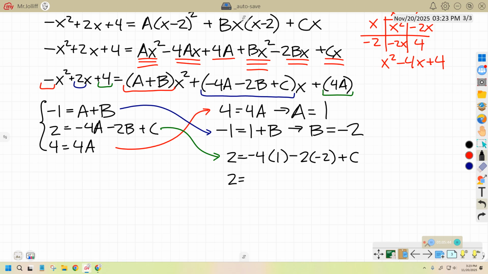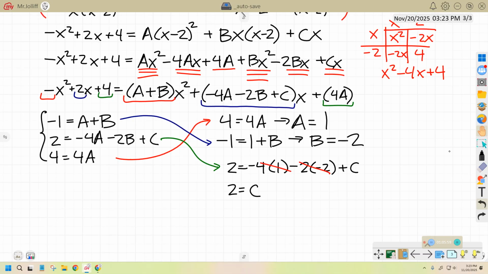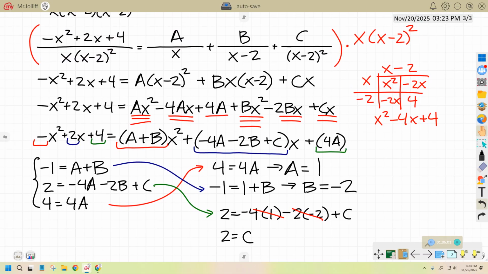I am pretty sure that those two things cancel and we just get C. A is 1, B is -2, C is 2. Perfect. We go back up to our original equation where we split it up and we replace.